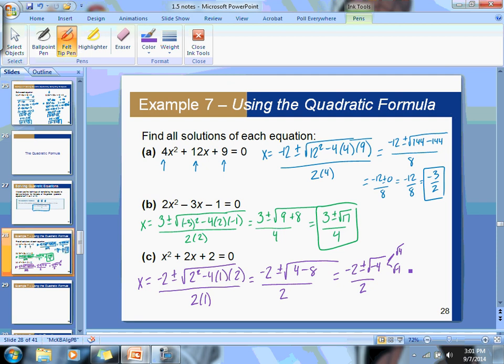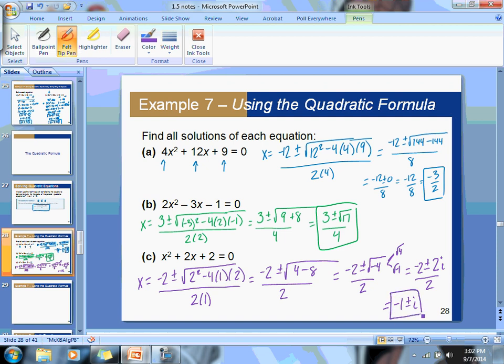And we call the square root of negative 1 i. That's our imaginary number. So we actually get negative 2 plus or minus. Now the square root of 4 is 2, and the square root of negative 1 I'm going to call i, and then it's all over 2. And I can reduce that. So I would have negative 1 plus or minus i.